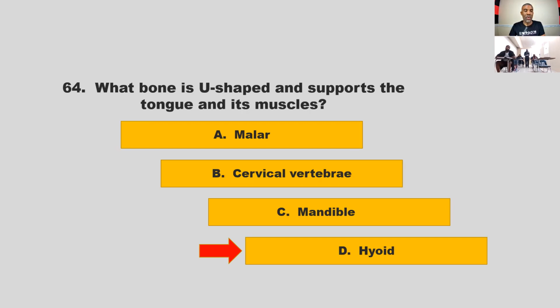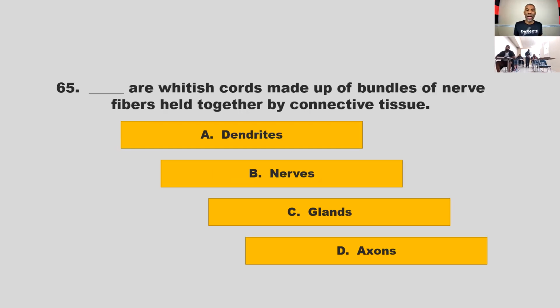Hyoid. That is correct. And blank are whitish cords made up of bundles of nerve fibers held together by connective tissue. Is it dendrites, nerve, glands, or axons? Our last two, blank are whitish cords made up of bundles of nerve fibers held together by connective tissue.